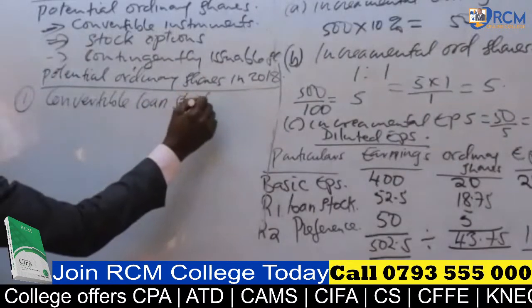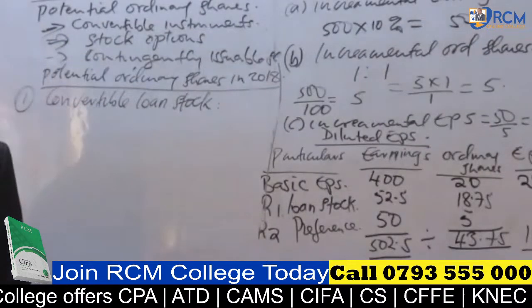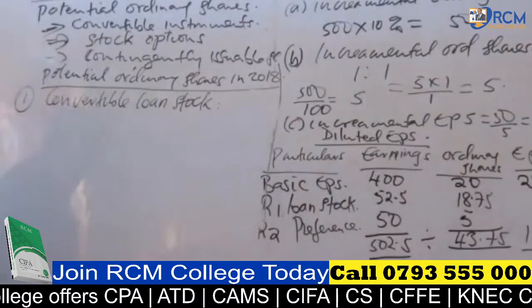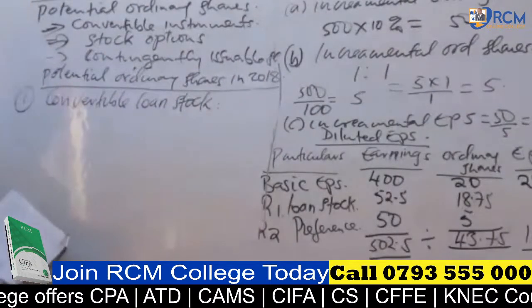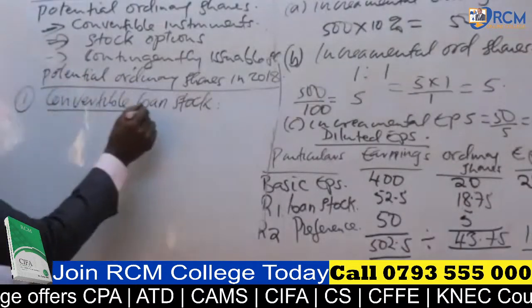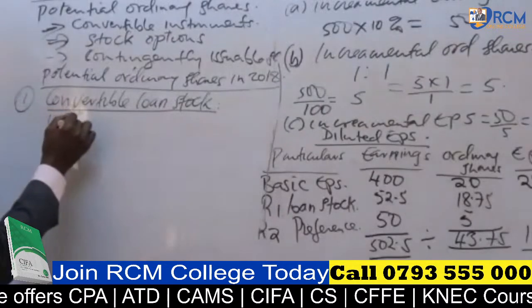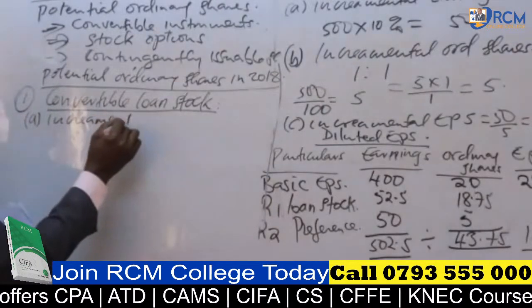Yes, we have convertible loan stock, and it is still our potential ordinary share. We compute the incremental earnings. Number A, incremental earnings.